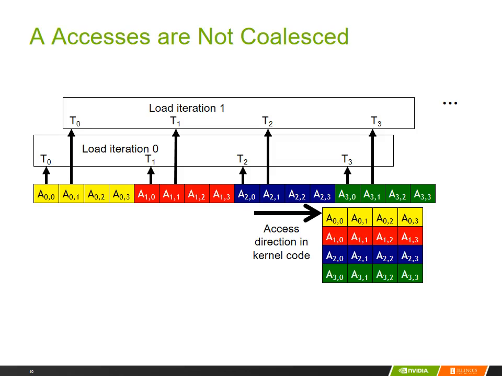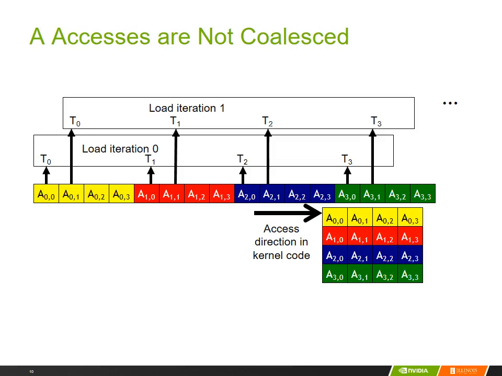In the first iteration, thread 0 is accessing A00, thread 1 is accessing A10, thread 2 is accessing A20. These accesses all have 3 elements in between, and span across 4 DRAM burst sections, and therefore the access is not coalesced.